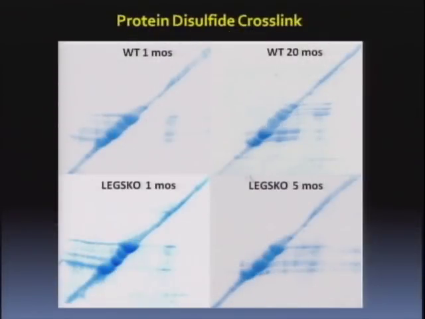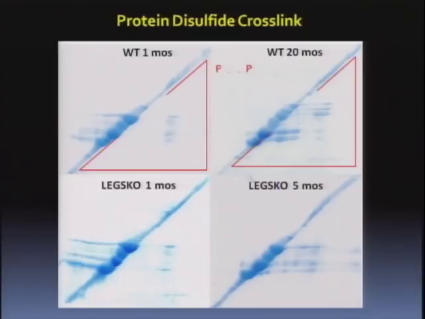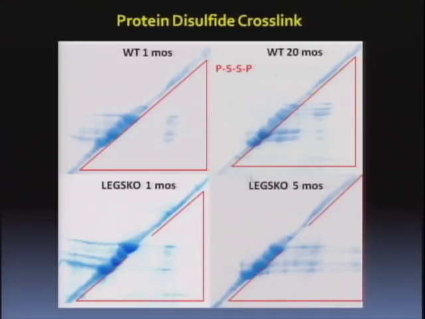We did these with wild-type mice at 1 month and 20 months old, and the same with the LEGSKO mice at 1 month and 5 months. First, let's focus on the interdisulfide formation. In wild type, from 1 month to 20 months, you can see a dramatic increase in disulfide formation. A similar thing happens with LEGSKO mice. At 5 months old, you can see an even higher amount of disulfide formation compared to wild type at 20 months old.